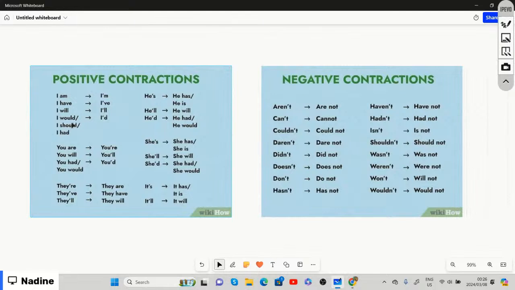So we have our positive contractions. That's where we say positive things like I will, he will, she will, right? And then we have negative contractions. That's where we use the word not, right? Where we say have not, right? Could not, cannot, can't, are not, aren't, have not, should not, was not, were not, right? And so basically, with the negative contractions, it's where we use the word not.